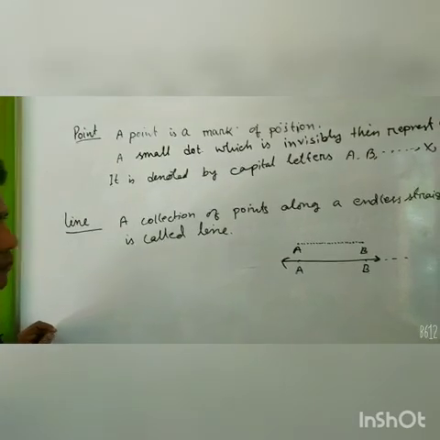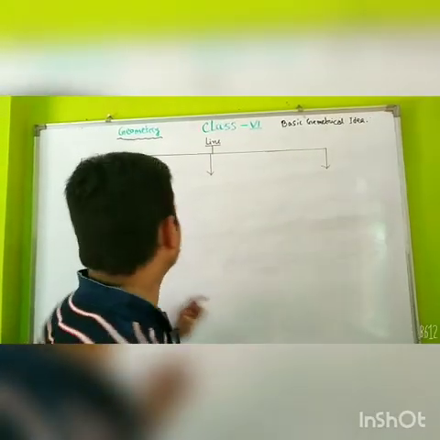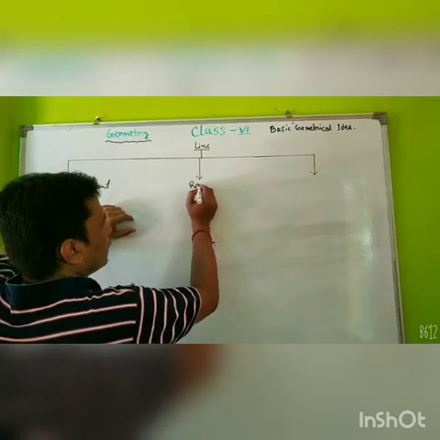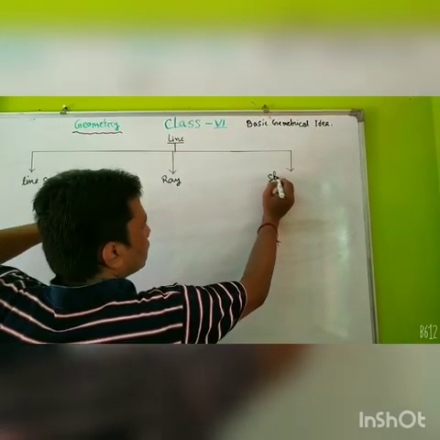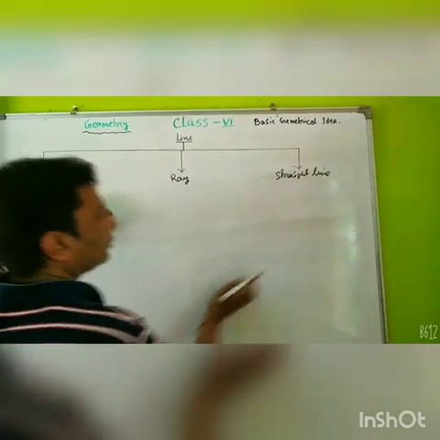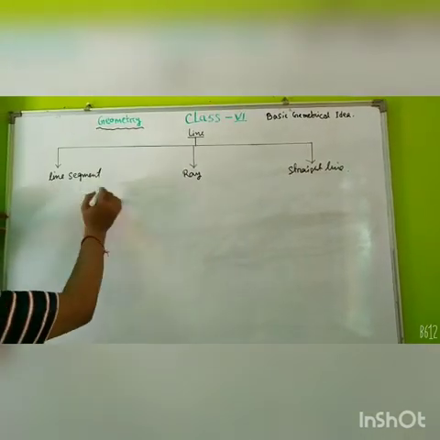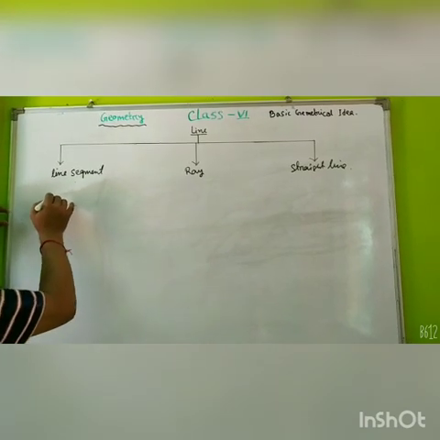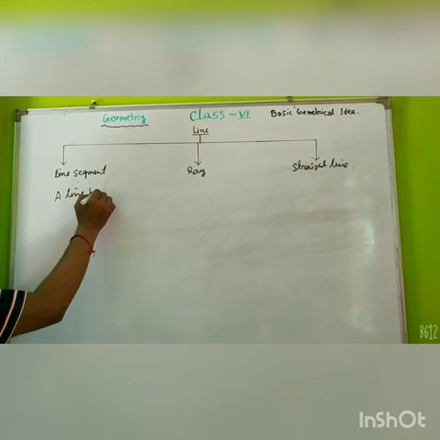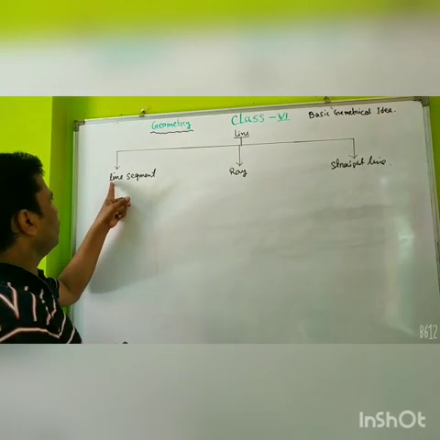Now this one, the three parts. Suppose first is line segment, second is ray, and third one is straight line. First of all, line segment.